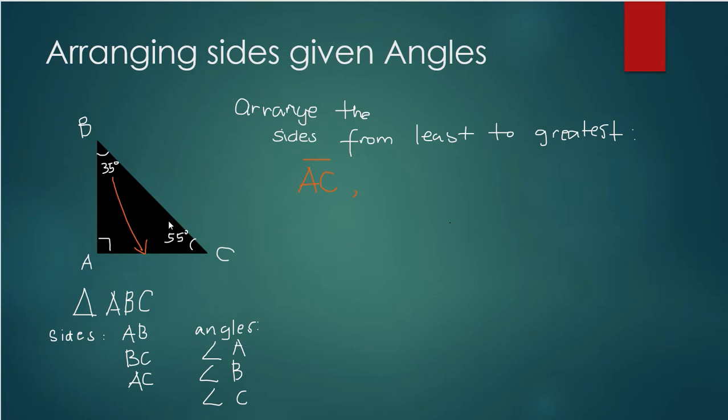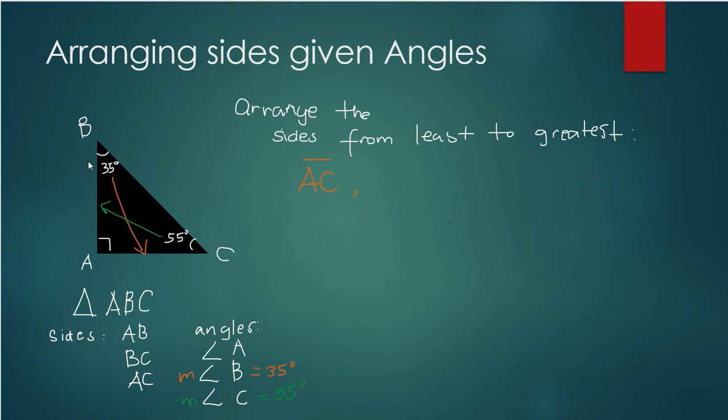And then, the next measure of the angle, remember, the measure of angle B is 35 degrees. If you check, this is 90 degrees, therefore that's higher than the other value. This is 55 degrees. So the measure of your angle C is actually 55 degrees, and that's next to the 35 degrees.